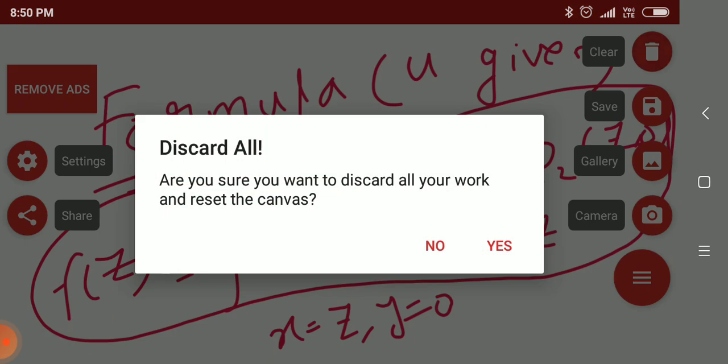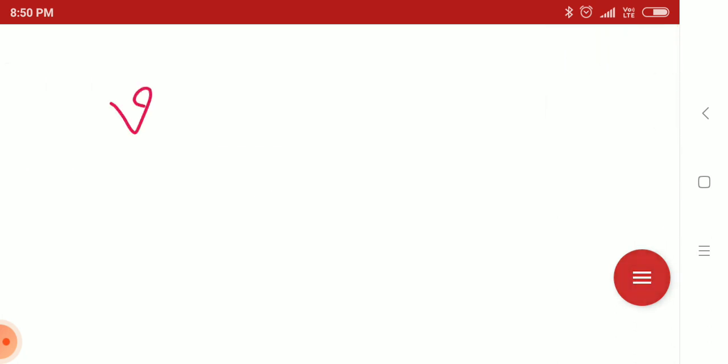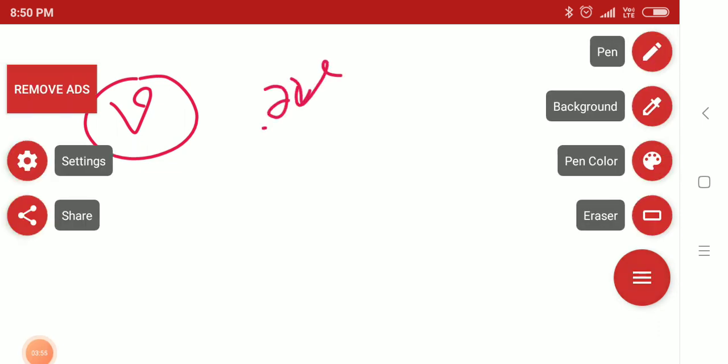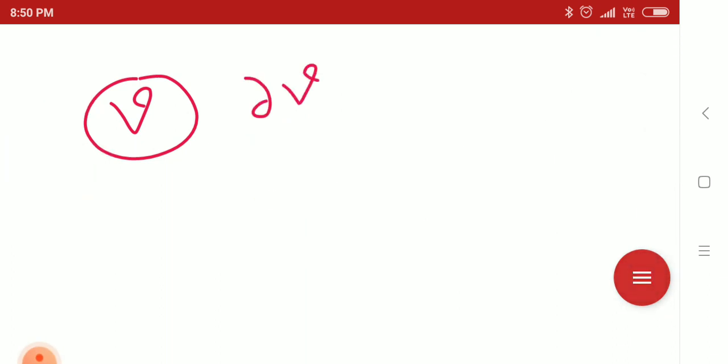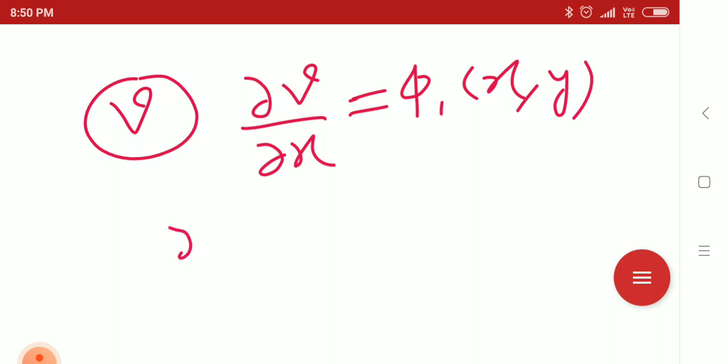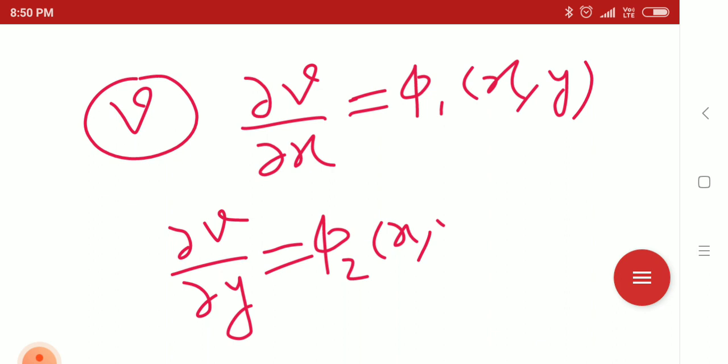Similarly, suppose in the question v is given, that is the imaginary part of that function. How to proceed? Similarly you will write del v by del x equals phi 1 function of x comma y, and del v by del y equals phi 2 function of x comma y.